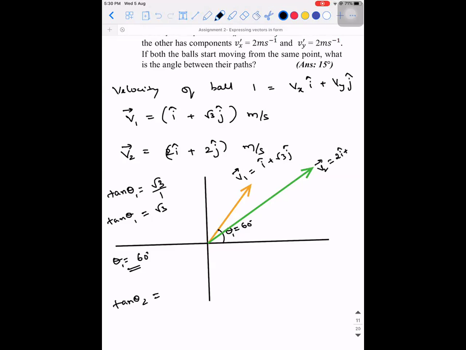What will be the value of theta 2? 45. So this angle is 45 degrees. So what is the angle between both the vectors? 15. That's the answer.